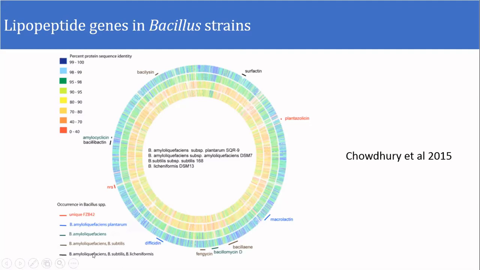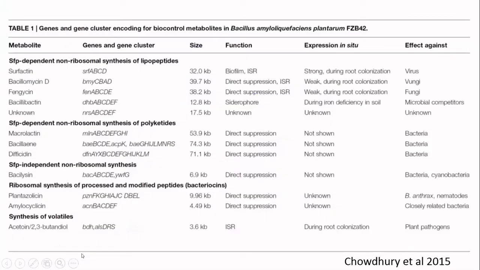Still you could see the unique presence of those lipopeptides in those microorganisms. And here, fengycin and bacillaene and bacilysin and surfactin and bacillibactin are all present in all of these subtilis and amyloliquefaciens. Whereas the other colors indicated in blue and red and also in green are unique to the particular Bacillus organisms.